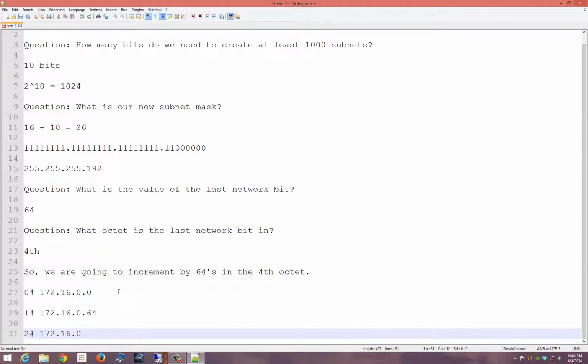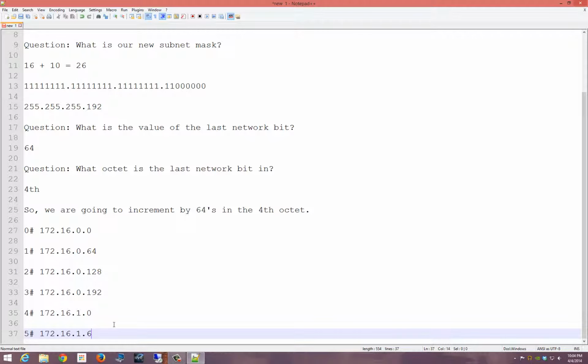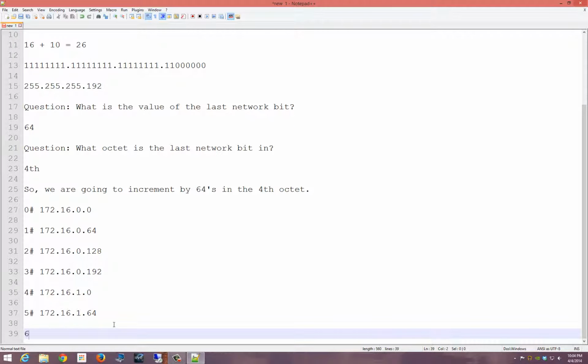Once we get to 192, if I add 64 to that, it would be 256. I can't have a value of 256 in one octet, so we have to carry the 1 over to the 3rd octet. And we're going to continue incrementing by 64 in the 4th octet.